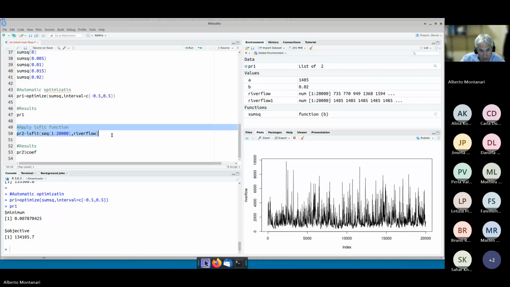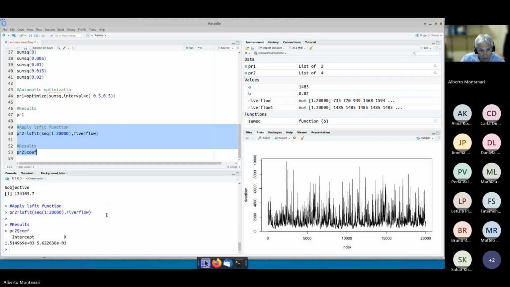We discussed last time, and we did already, the calibration of both intercept and slope with the LSFit function of R. Let's remake it again. I selected the LSFit function, and I selected also the visualization of the results, and I pressed run, okay?